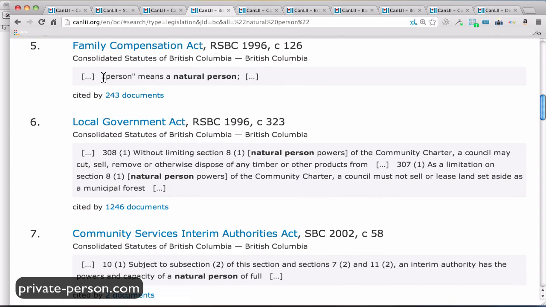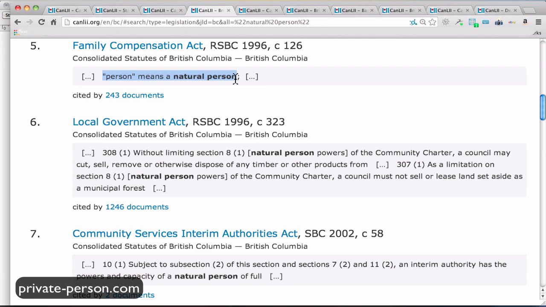See this definition? Person means a natural person. Again, this is a specific and unique definition of the word person, which is not defined in most instances in most acts. You'll also find this in the Bank Act of Canada, that person is also defined as a natural person.